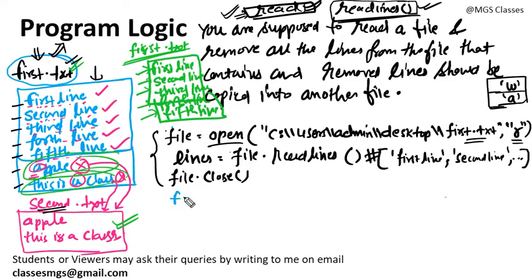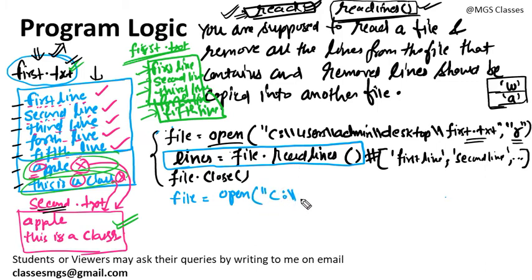I will open this file first.txt again in write mode. One time I have already read this file and stored it into the lines variable, with all the contents of the file stored line by line. I will pass the path and open it in write mode again, so that this time I will write those lines that don't contain A into first.txt.